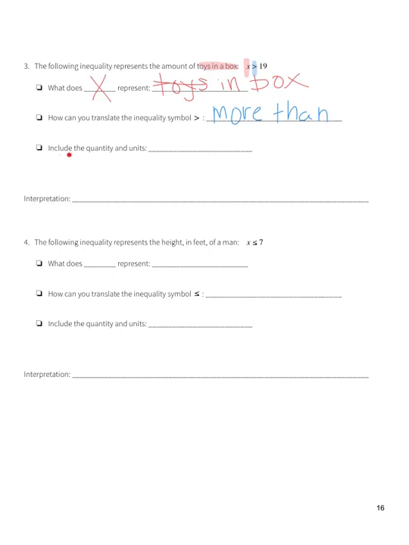Now, last part is we need to include the quantity in units. So it represents the amount of toys in a box. So X is greater than 19, so 19 represents the number of toys. So 19 toys. So our last part is to put it all together.